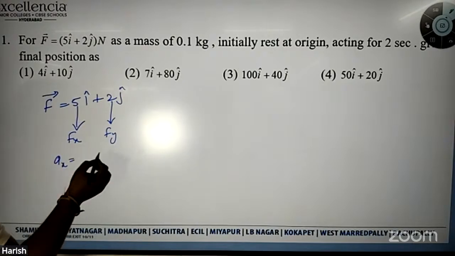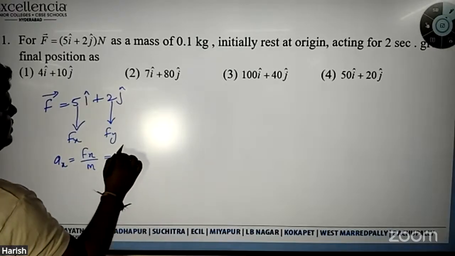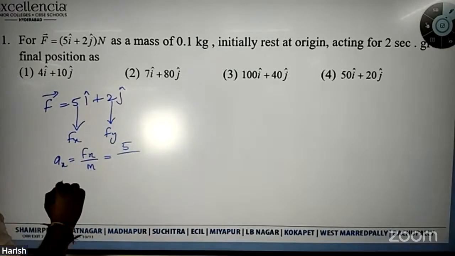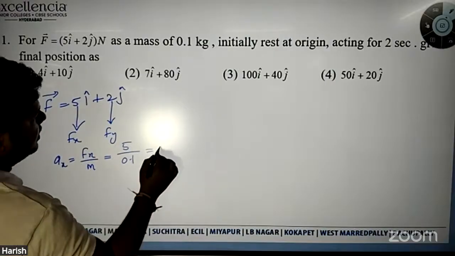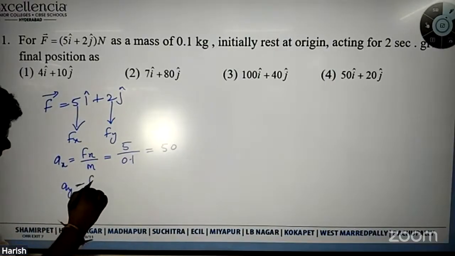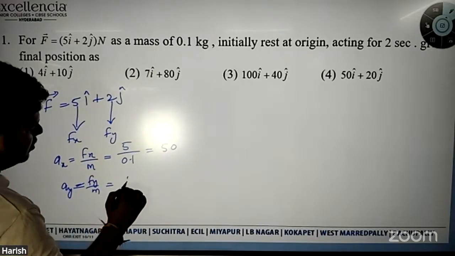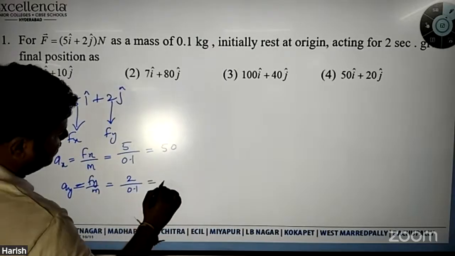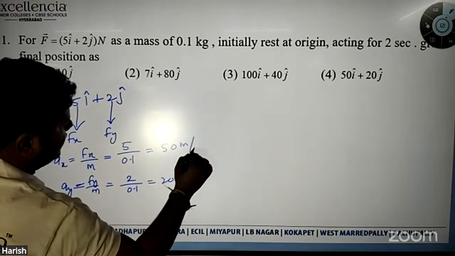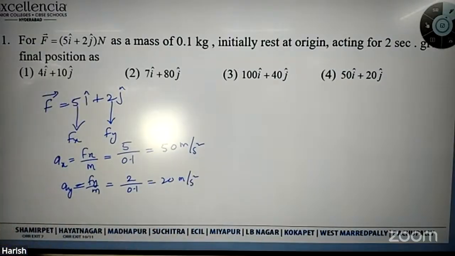Ax, acceleration along horizontal, is Fx by m. Fx is 5 and mass is 0.1, so Ax is 50. And Ay is Fy by m, which is 2 by 0.1, which is 20. See, this is constant, and this is also constant. Therefore, I can use equations of motion.